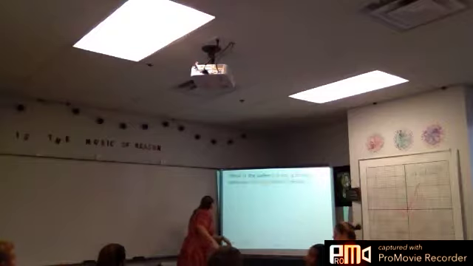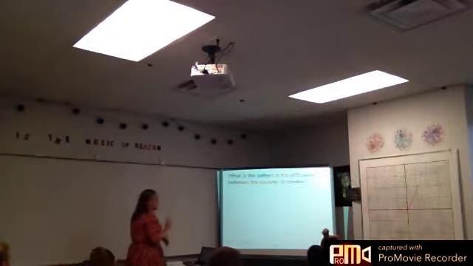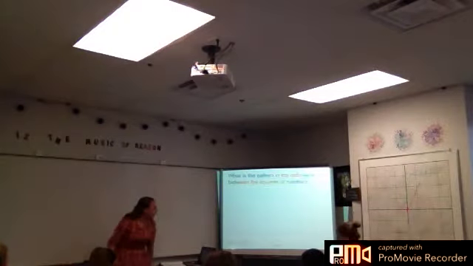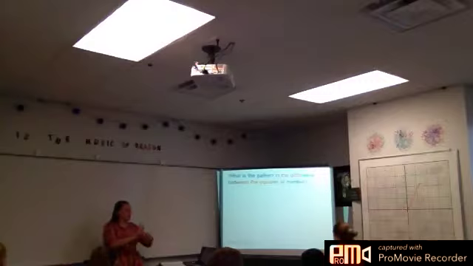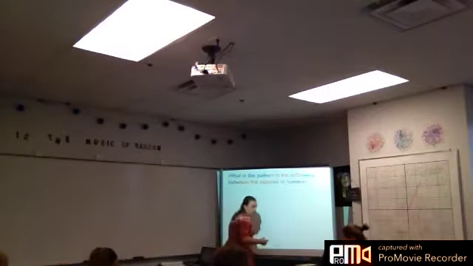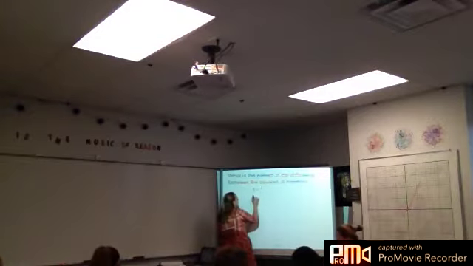What is the pattern in the difference between the squares of numbers? Okay, think about that sentence. What is the pattern in the difference, which means I'm doing subtraction, between the squares of numbers? So, what is the square of 1? 1. What is the square of 2? 4.